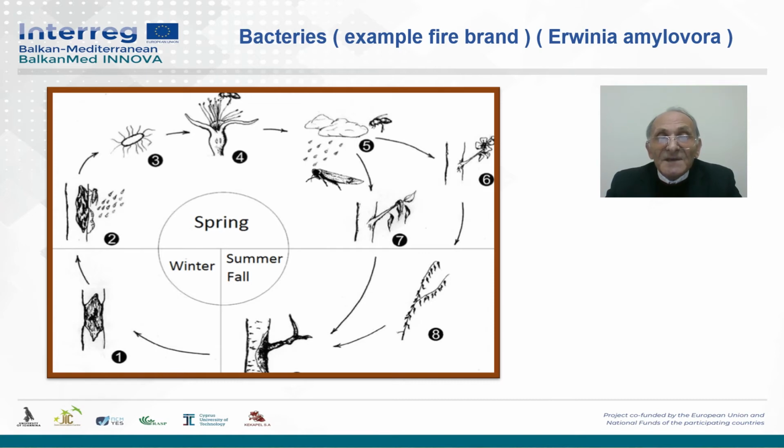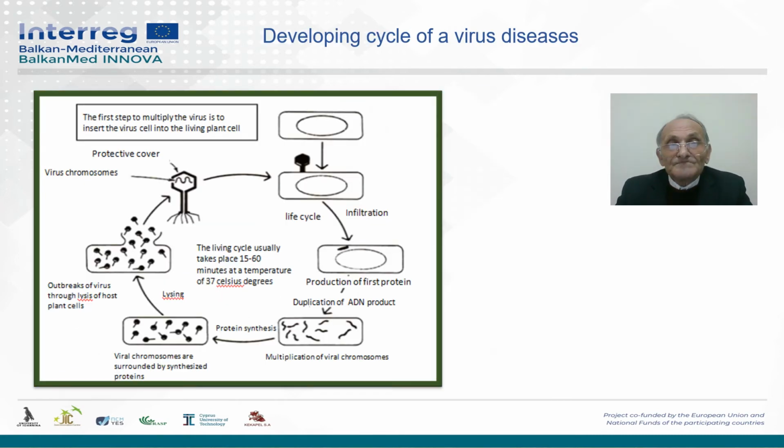The insect, especially the bee, is the main insect that transmits the disease from the environment to the new fruits, new flowers. Erwinia amylovora is a very dangerous disease and needs very preventive measures. See here cycles of various diseases.